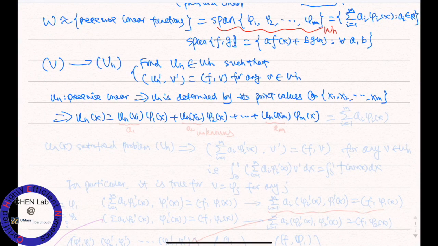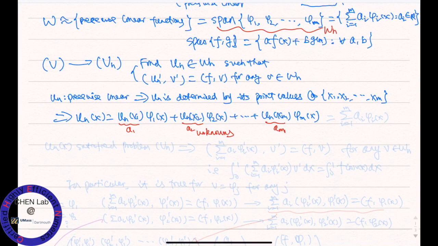But the trick here is that we think of these as unknowns, meaning we don't know the values. For the brevity of notation, we're going to call these A1, A2, up to AM.